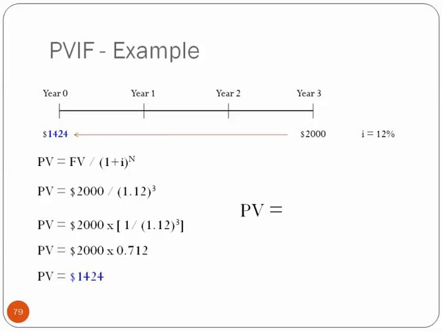So why is that interesting? Well, let me just summarize what we've got here. So we can say that the present value is equal to the future value times the present value interest factor. And we can even put a couple of notations there for a given interest rate, for a given period of time.